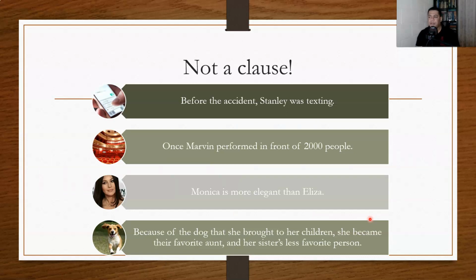Not a clause. Before the accident, Stanley was texting. Adverb clause of time? No, hold your horses. That is not an adverb clause of time. Does this phrase provide an idea of time?